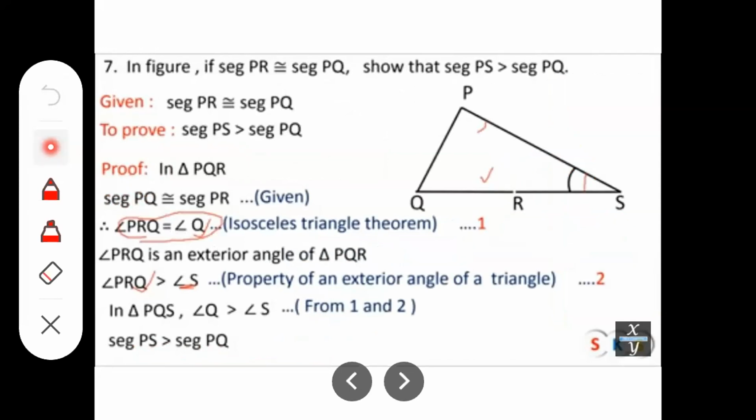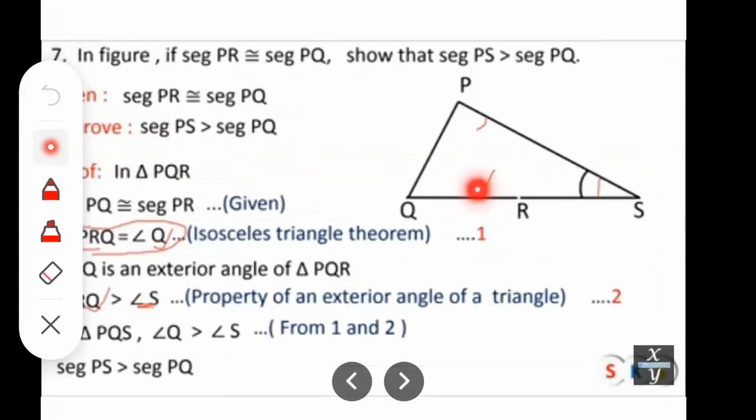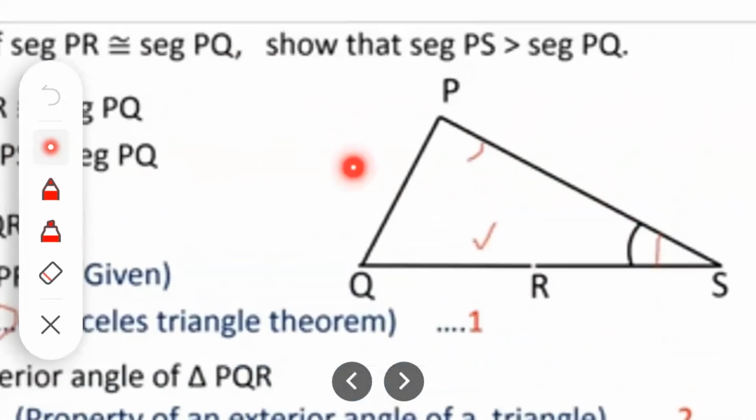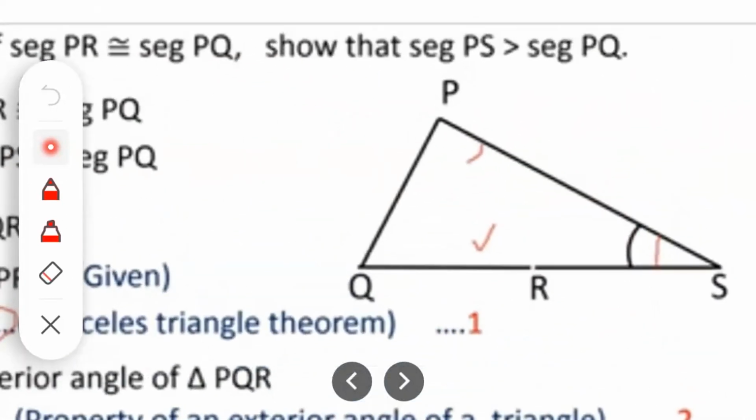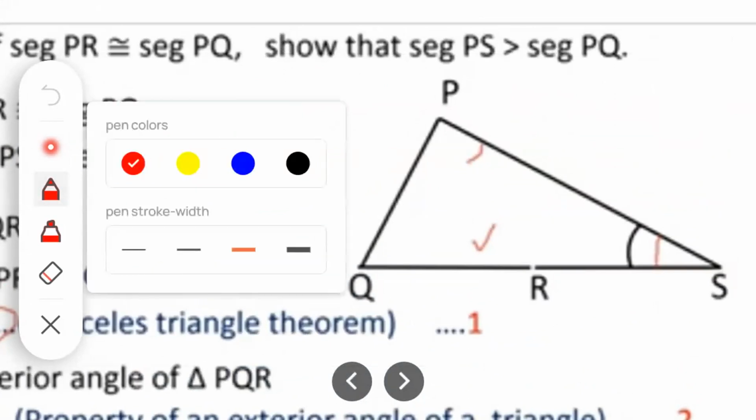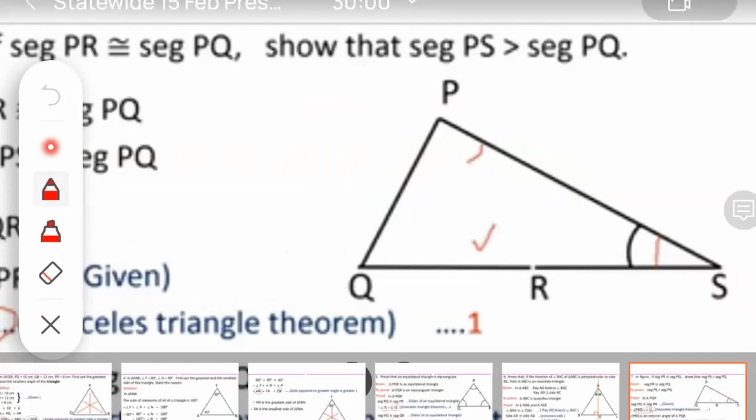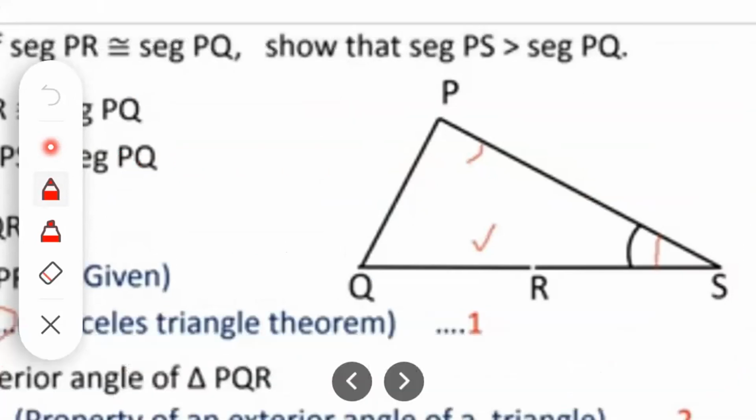So here, what is given? Segment PR is congruent to segment PQ. See the diagram. PR is congruent to PQ. So where is PR? Let me draw here.